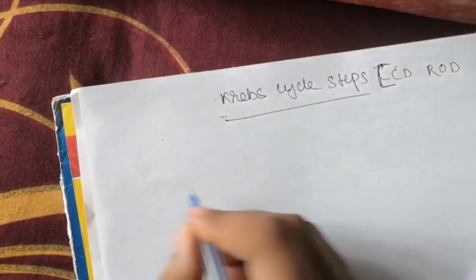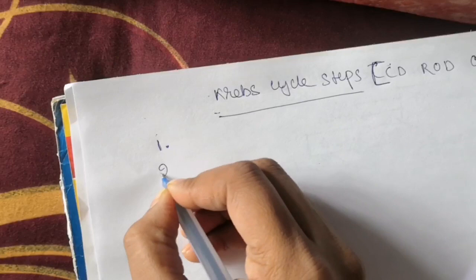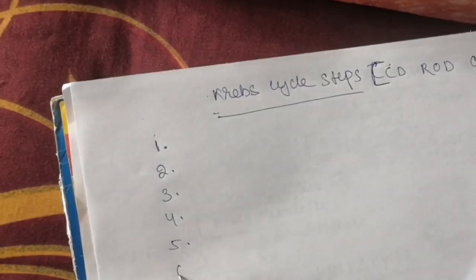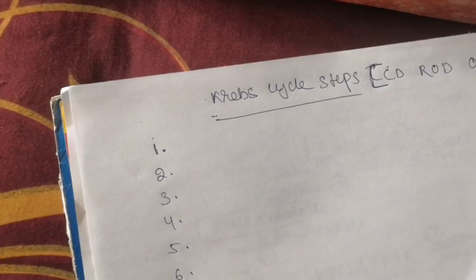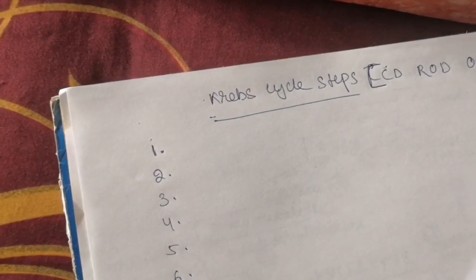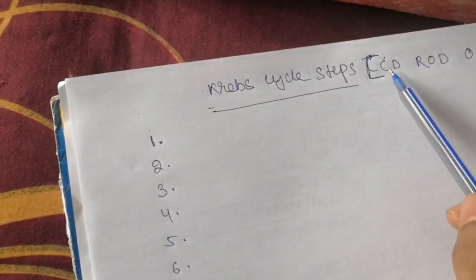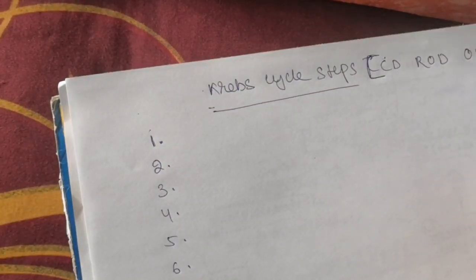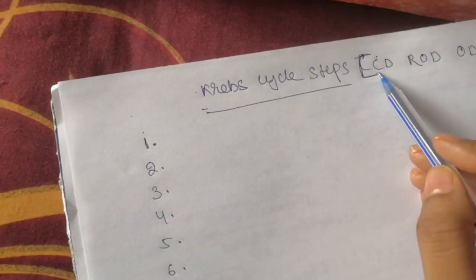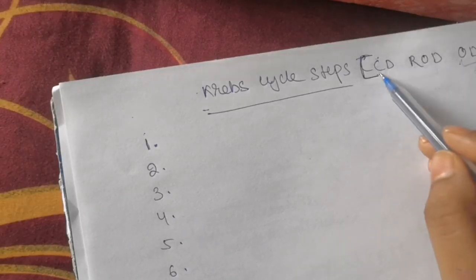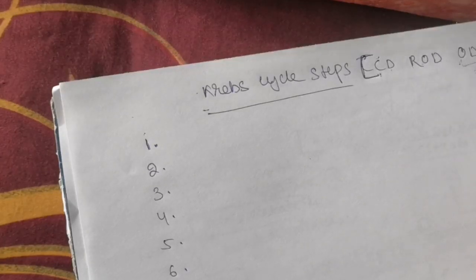In the Krebs cycle there are 10 steps, 1 to 10. Sorry, CD, OD for number 6.